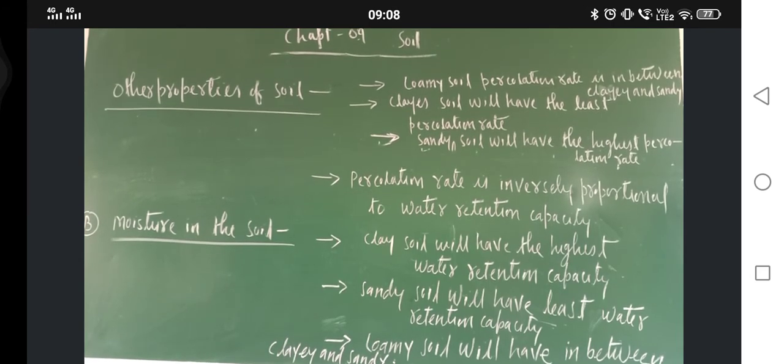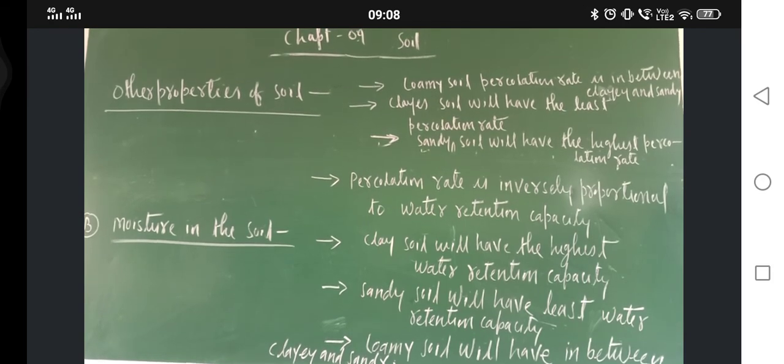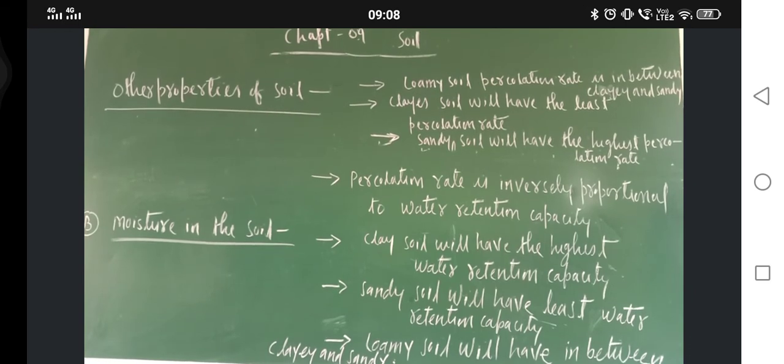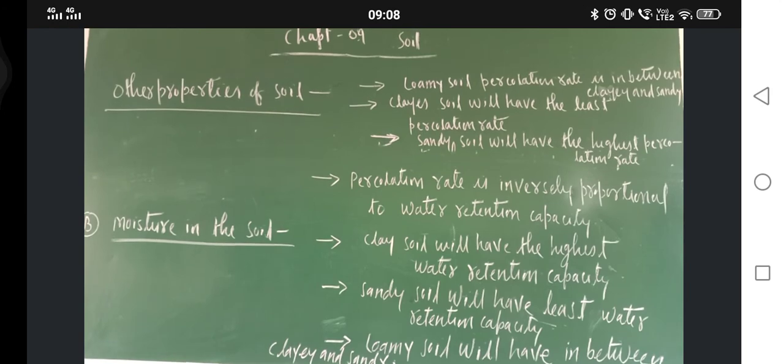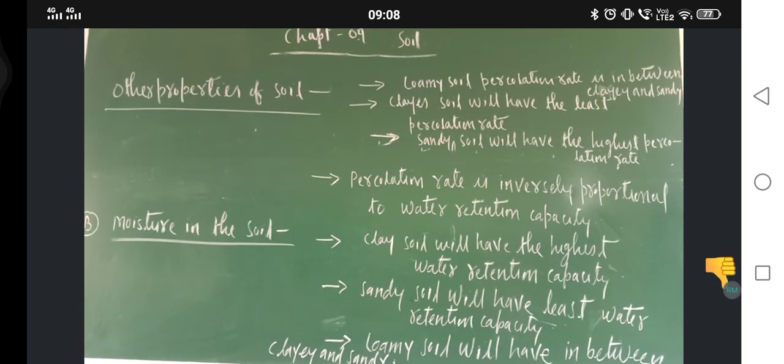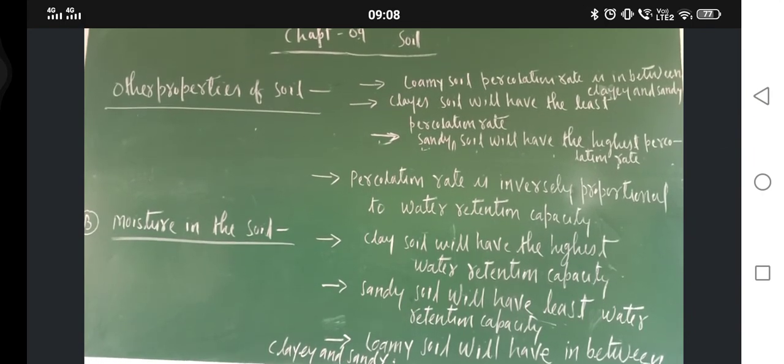Actually, the percolation rate of different kinds of soil depends upon the close packing. If packing is close, percolation rate will be less. That is why in clay soil, percolation rate is least, while in sandy soil, percolation rate is highest. And water retention capacity is inversely proportional to percolation rate. Water retention means to hold the water.